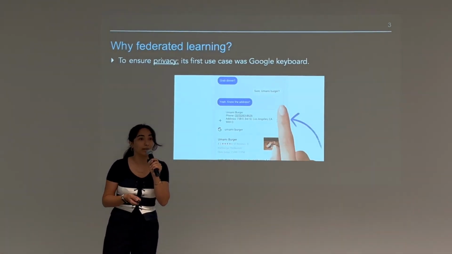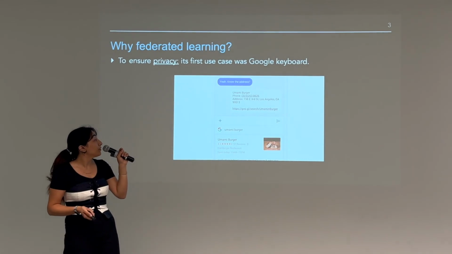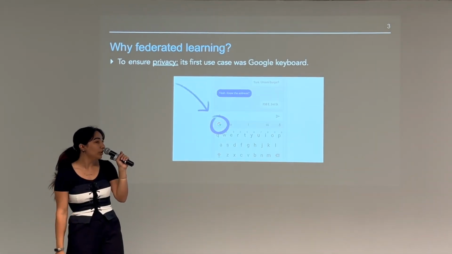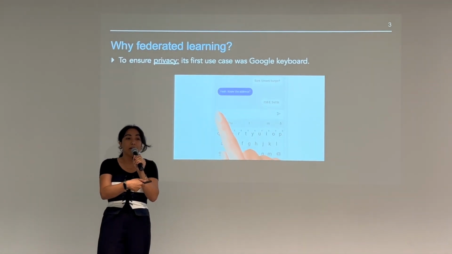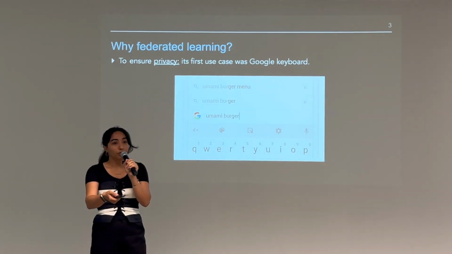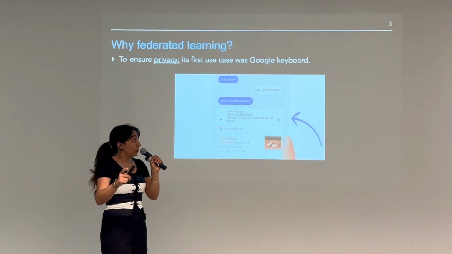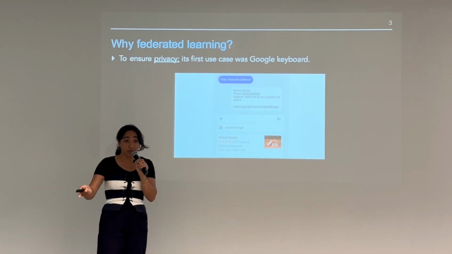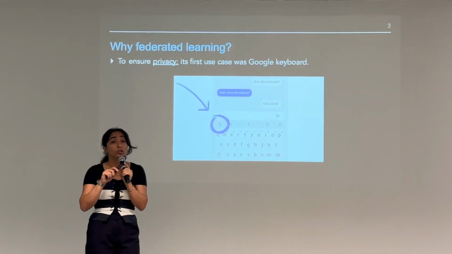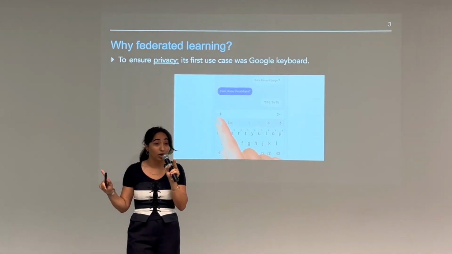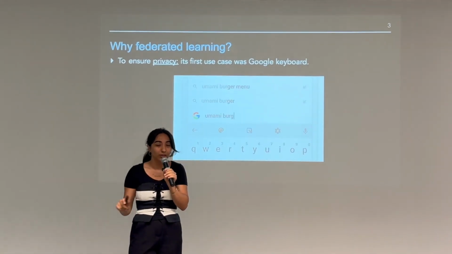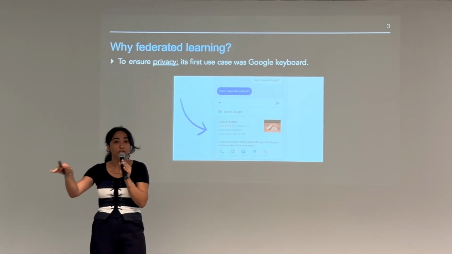Let's go with an example. It was first mentioned in Google Keyboard. Let's assume that Google Keyboard was not trained this way. For you to get suggestions on your keyboard, you would have to send all your chats, all the things that you search in Google and so on, to a central server.